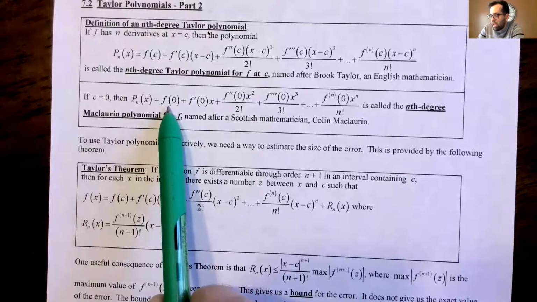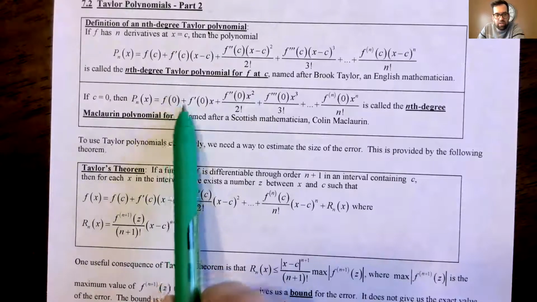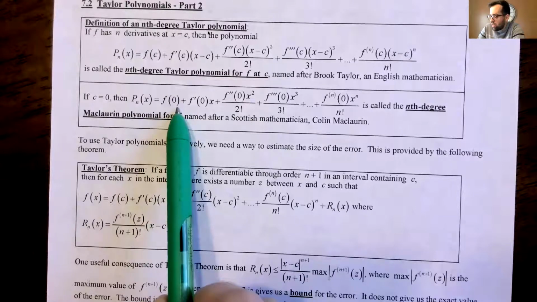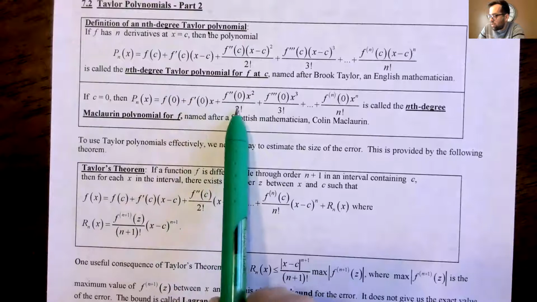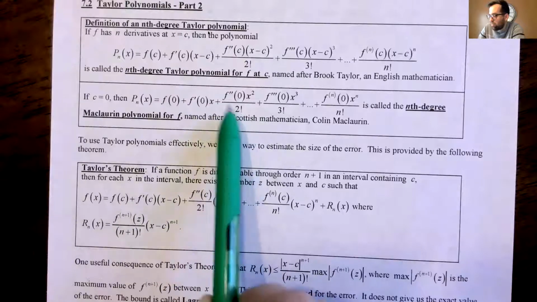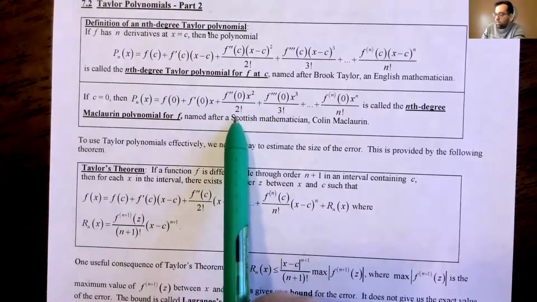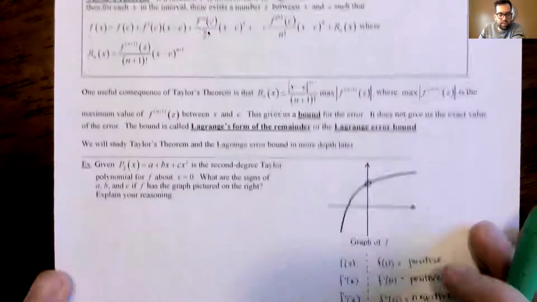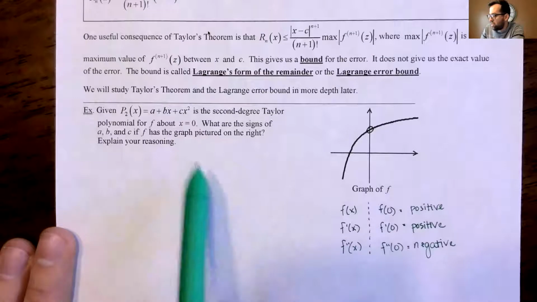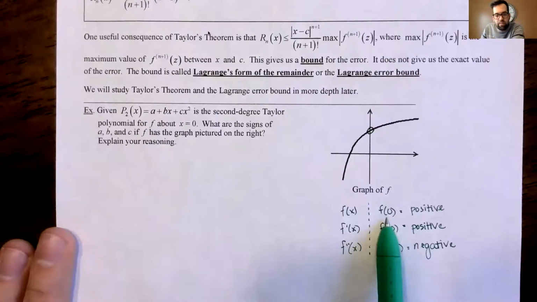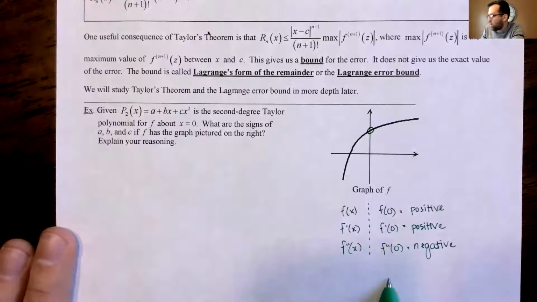So that a is just going to be f of 0. The coefficient of the x term is going to come from the first derivative, and the coefficient of the x squared term is going to be coming from the second derivative divided by 2. So if we come back down here, what that's meaning is that a is going to match up with the f, b is going to match up with f prime, c is going to match up with f double prime.